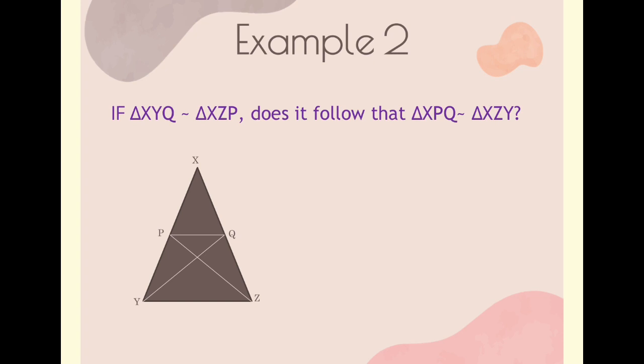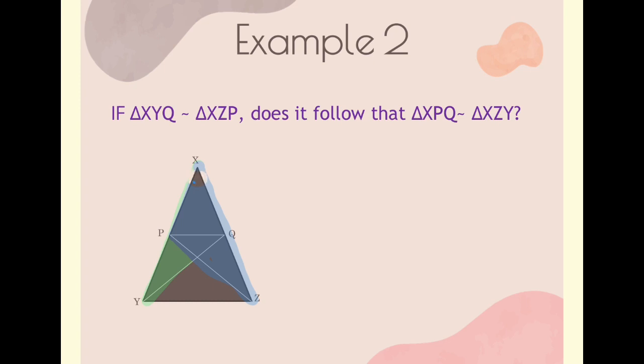Example 2 says if triangle XYQ is similar to XZP, does it follow that XPQ is similar to XZY? So the first two are XYQ to XZP. If those two are similar, obviously their angles are all congruent.